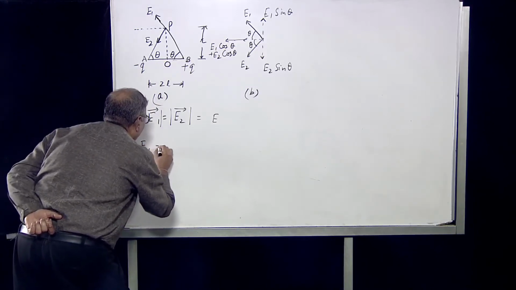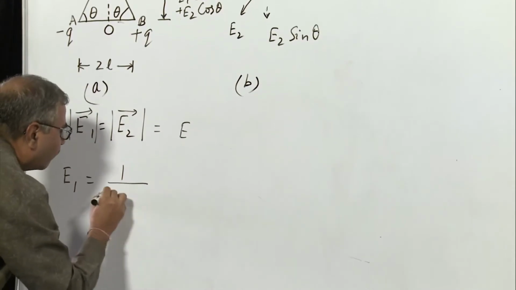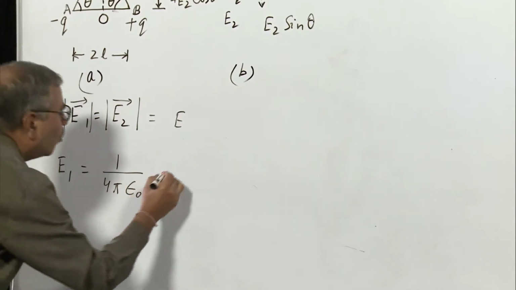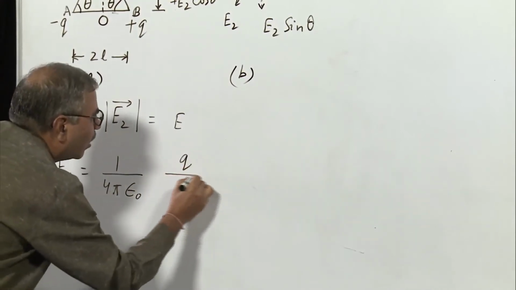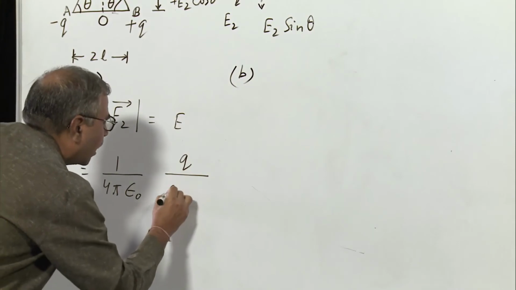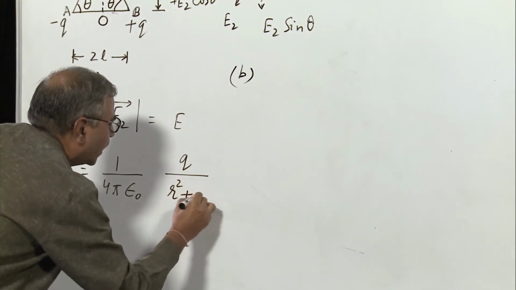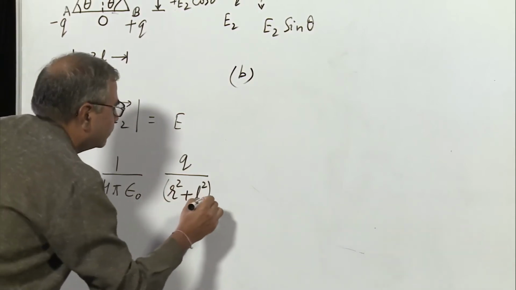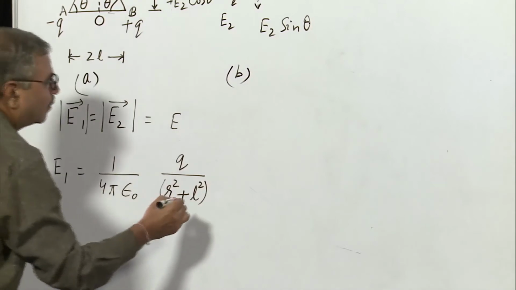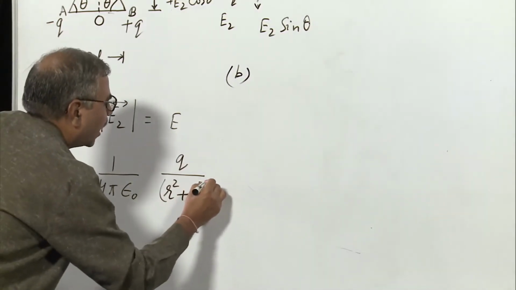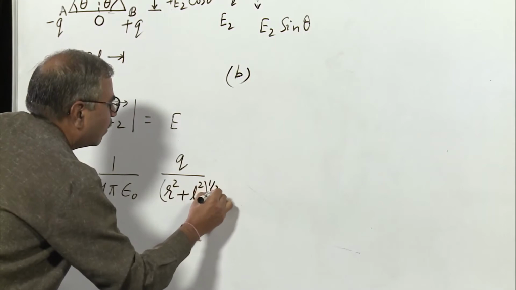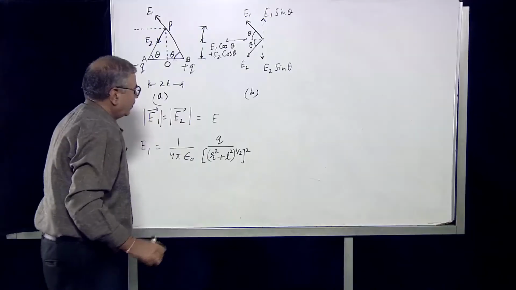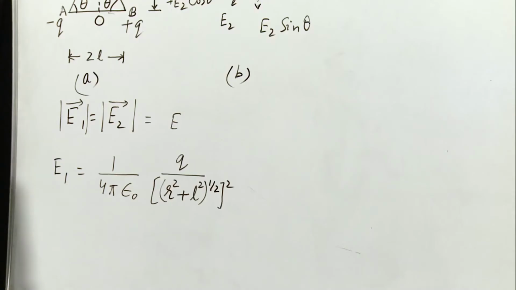E1 will be equal to 1 upon 4 pi epsilon naught q upon (r² + L²) raised to power half whole square, means 1 by 2 and 2 will cancel each other.